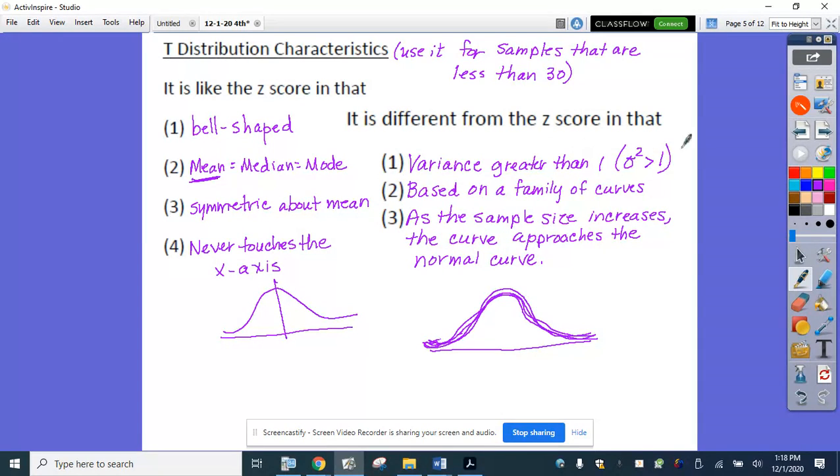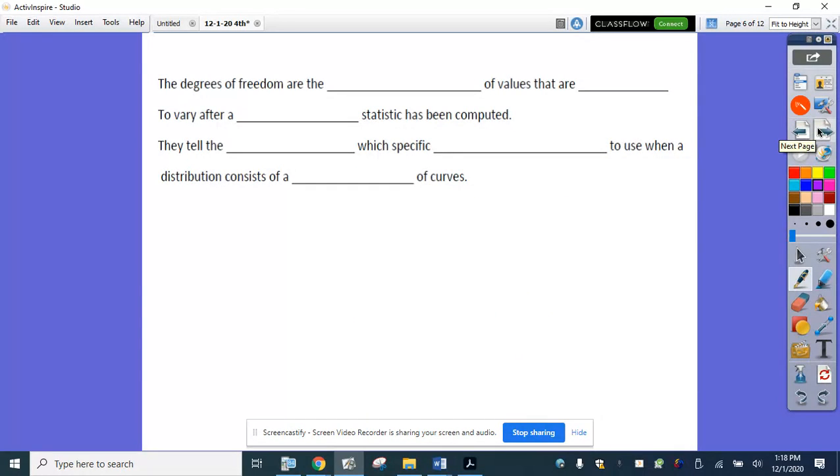When we have the family of curves, and we're talking about the t-test, we have what's called degrees of freedom, and they are the number of values that are free to vary after a sample statistic has been computed.